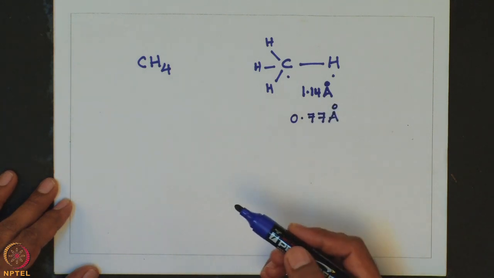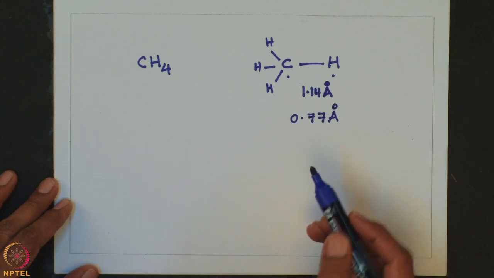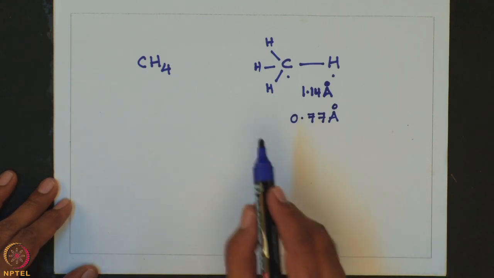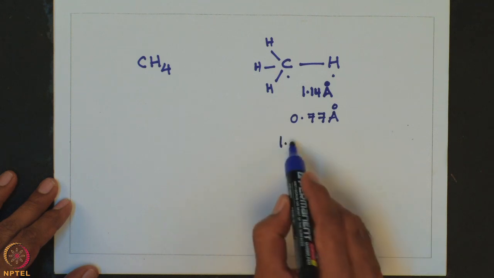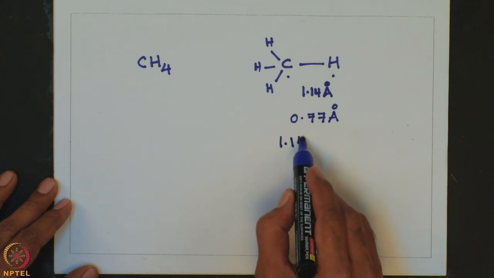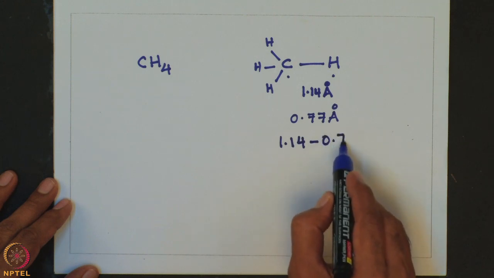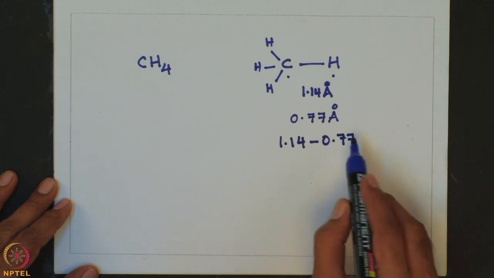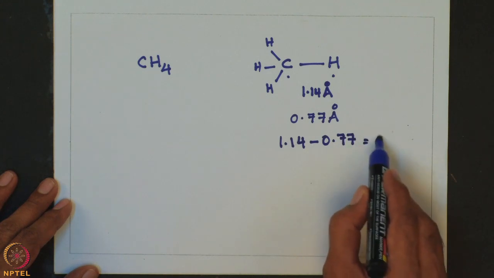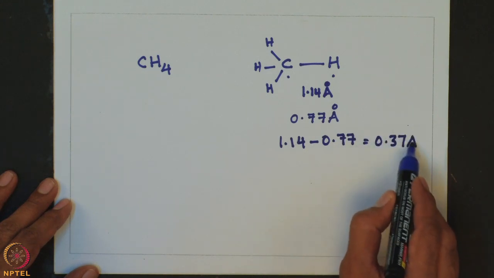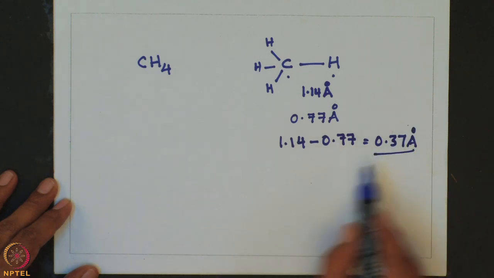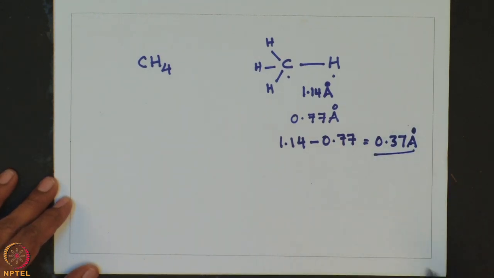From this, we should be able to tell the covalent radius of the hydrogen atom. So, simply subtract 0.77 from 1.14, and that gives you 0.37 angstrom unit. This is the covalent radius of hydrogen. This is how the covalent radius of an unknown atom can be calculated, just by measuring the internuclear distance and knowing the covalent radius of one of the atoms.